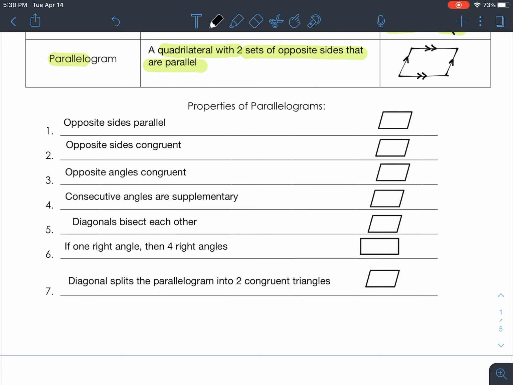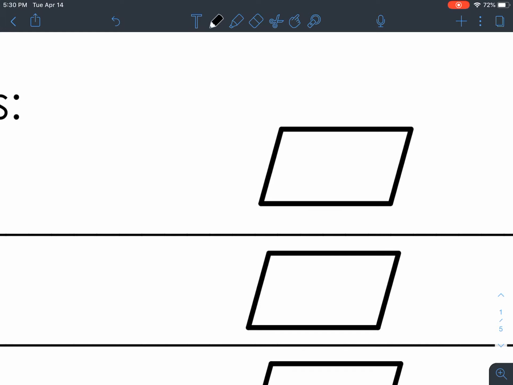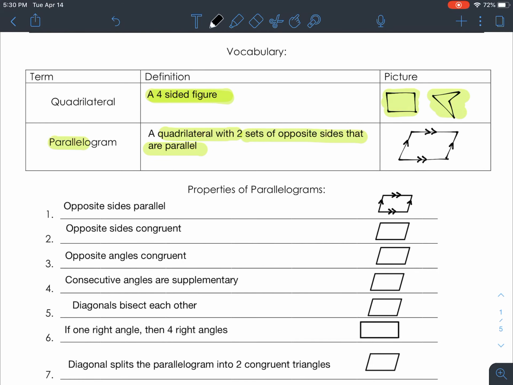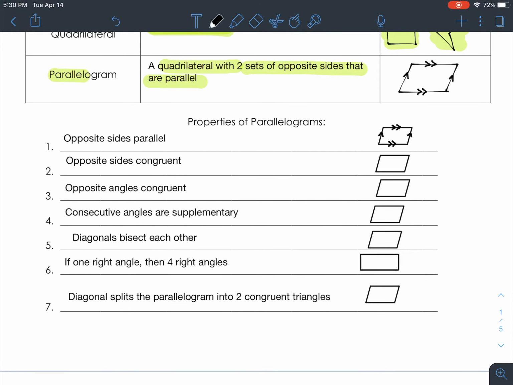If you look at the first one, this is one that we just covered: one of the properties we stated was that the opposite sides are parallel. So we're given that these sides have to be parallel, and that should be easy to memorize because of parallelogram. Another property of parallelograms is that the opposite sides are congruent.